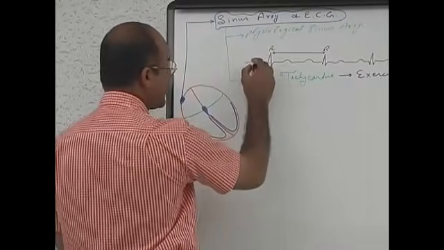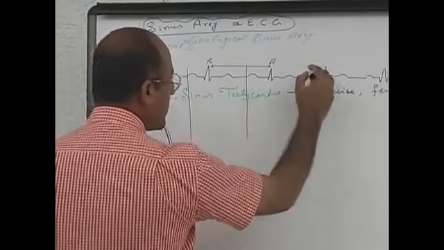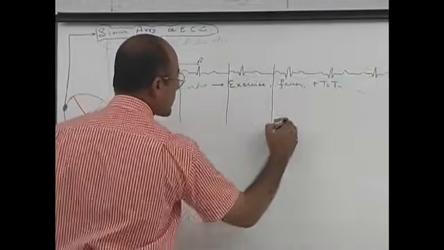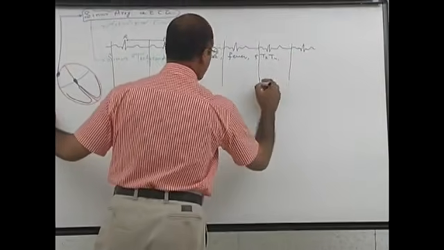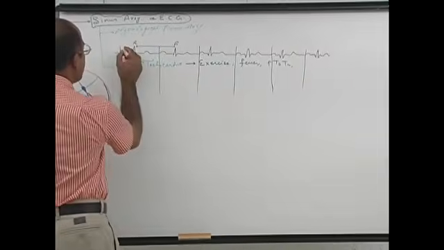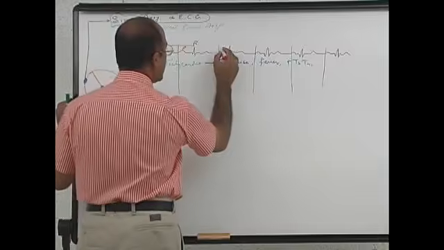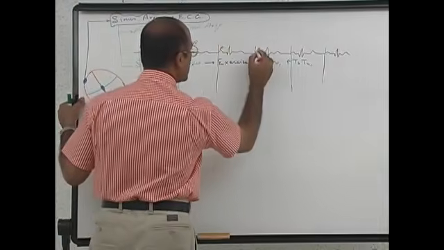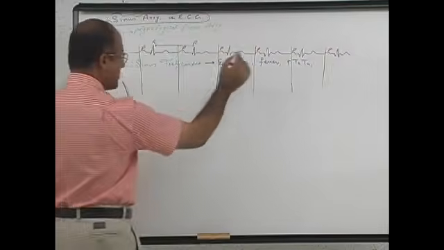Look, this was the normal. Now, these were the P waves, and of course these P waves are representing atrial depolarization, which is occurring due to sinus activity.